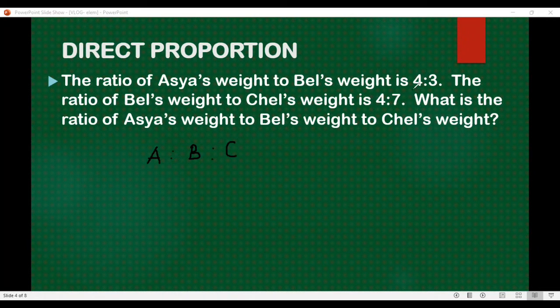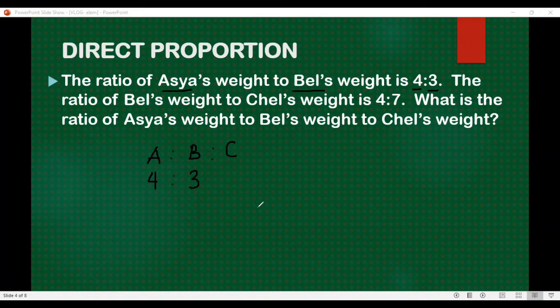So the ratio is given 4 is to 3. Now, you have to take note that Asha was mentioned first and then Belle was mentioned second. Therefore, this 4 corresponds to the weight of Asha, while the 3 corresponds to Belle's. So 4 is to 3.